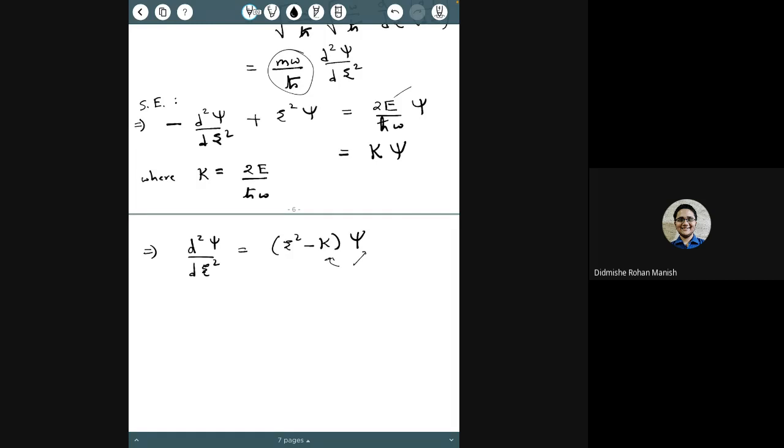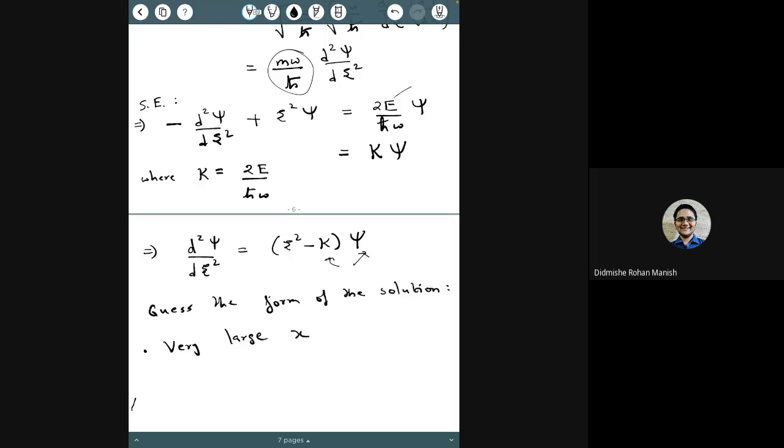Okay. Now, like we do for differential equations, we have to guess the form of the solution. The first limiting case that we look at is for very large x. So we are thinking of the tails of the wave function.